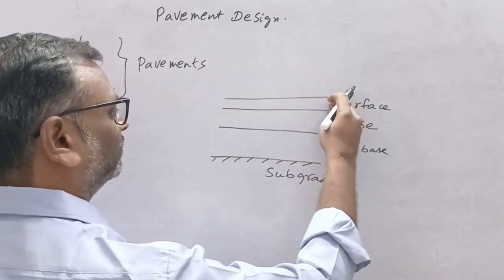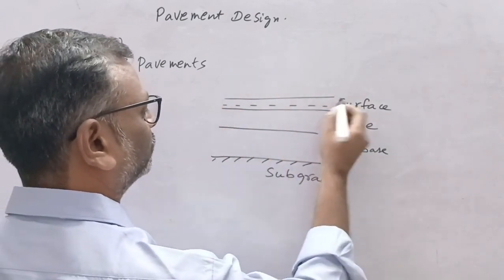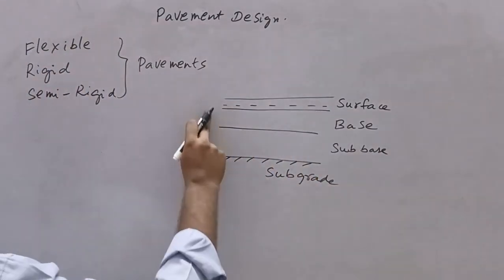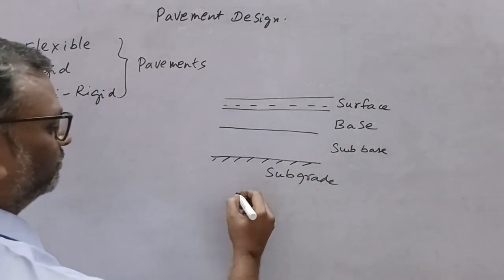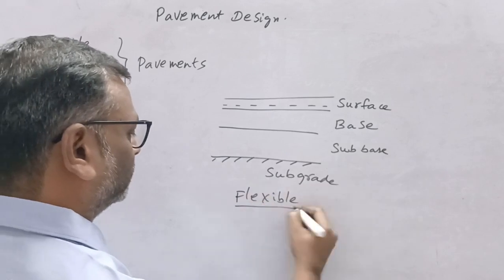And in the surface layer we can have subsections also, some 1 to 2 layers. So this is a typical flexible pavement cross section.